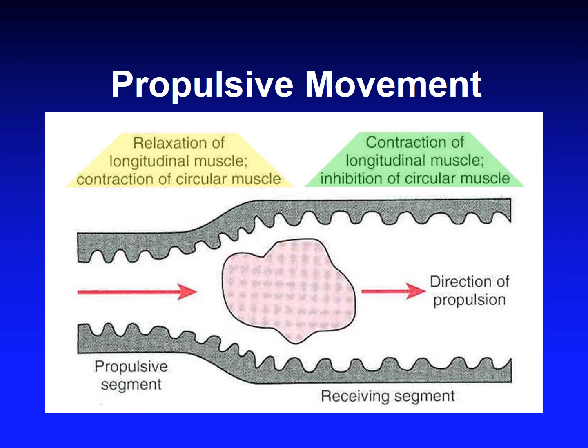And the segment that receives the bolus of food is called the receiving segment. So you have a propulsive segment and you have a receiving segment.